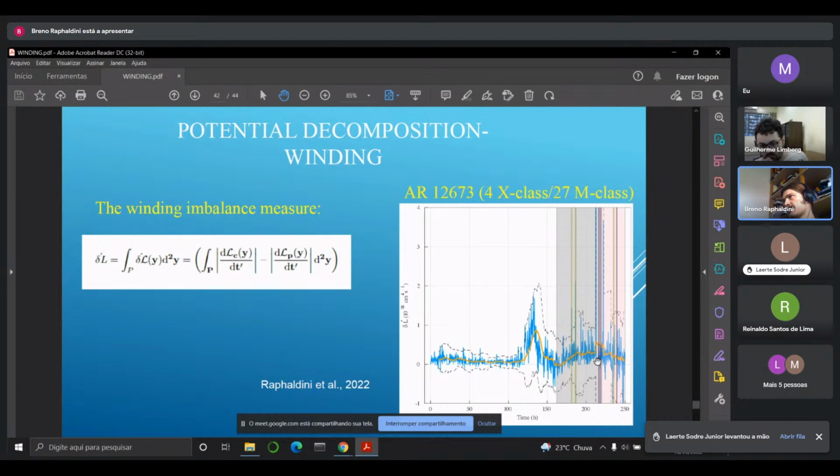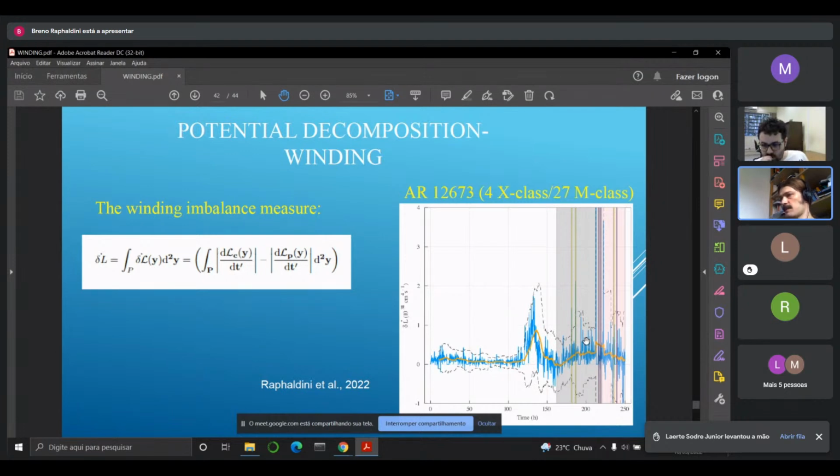So yes, if there's something that could be improved, it is to have at least a way to measure the magnetic field lines more evenly throughout the sun. And of course, this work was published actually last week. After this, we tested several other active regions, and at least for the intense flares, this pattern repeats.